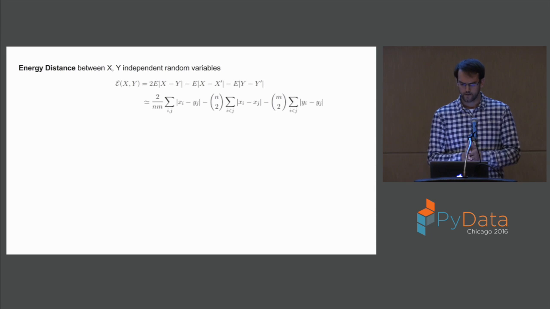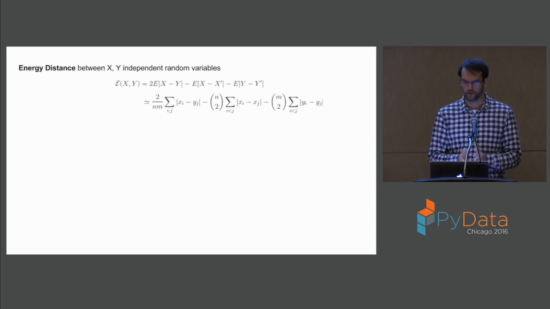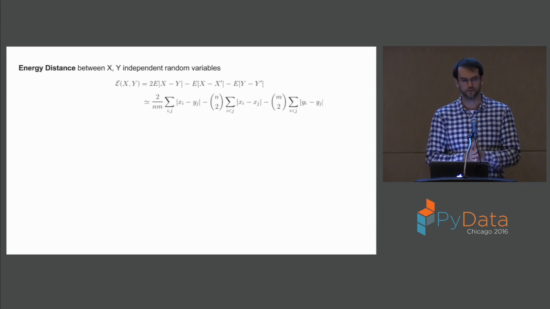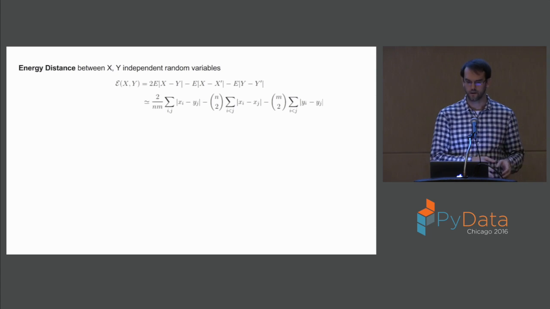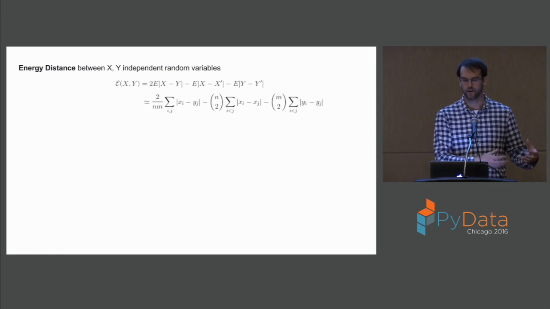There's a reason why energy comes up in there, but I'm not going to go into that, mostly because I don't totally understand it. Basically, there are some equations that show up that look like equations that govern energy in classical mechanics.